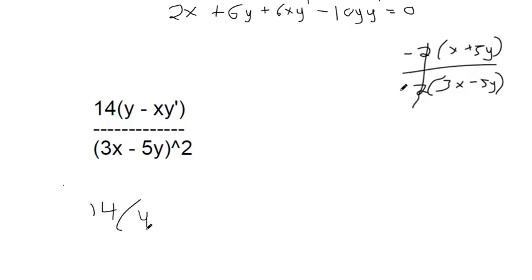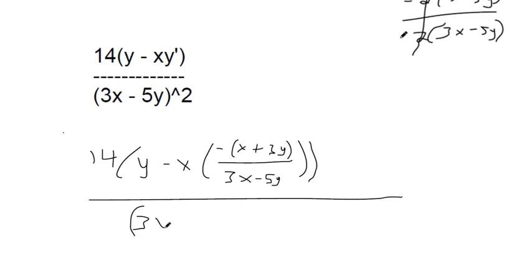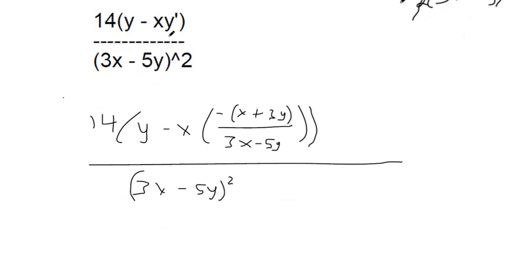So we got 14y minus x times y prime, which is negative x plus 3y over 3x minus 5y. A brutal looking fraction. It's all over 3x minus 5y squared. So the way I'd handle this is that, no, that's not going to work.